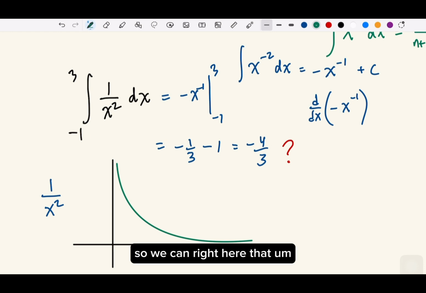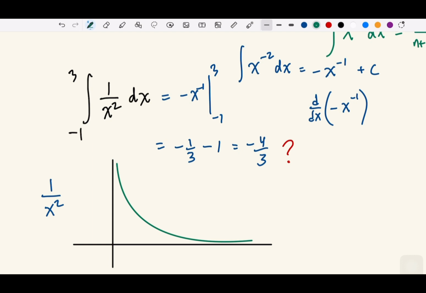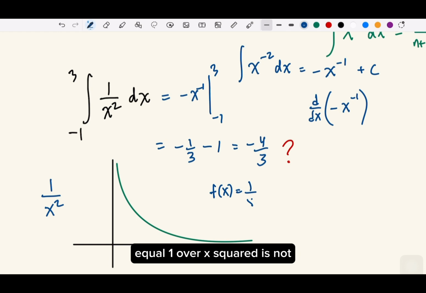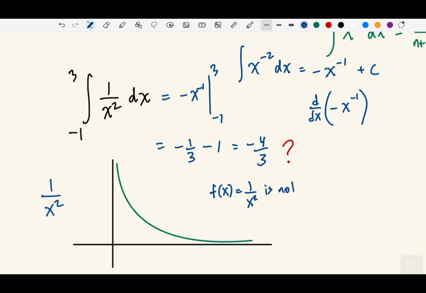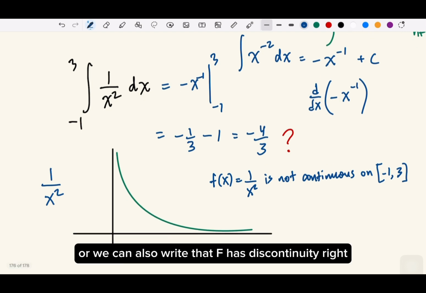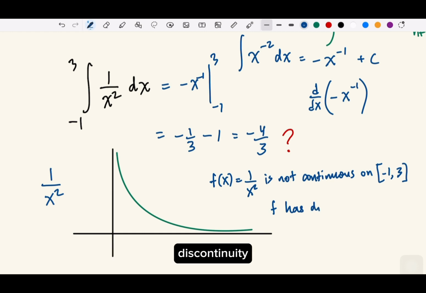So we can write here that f of x equal 1 over x squared is not continuous, or we can also write that f has discontinuity at x equals 0.